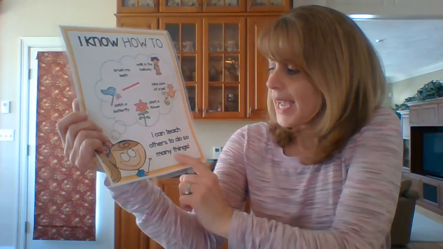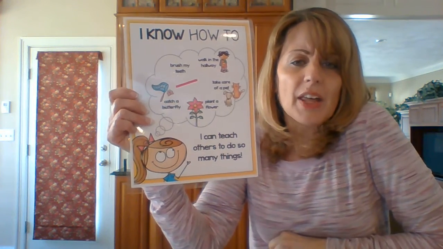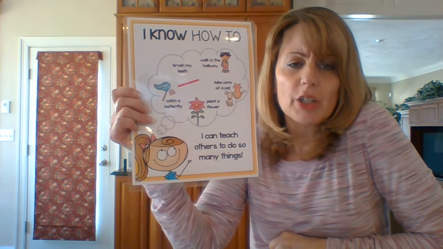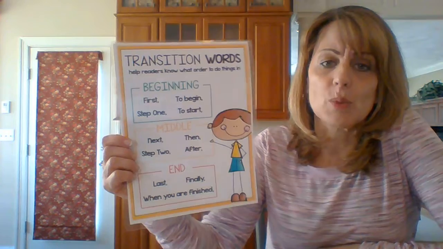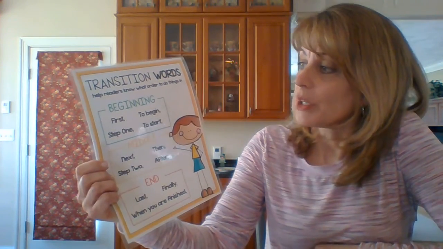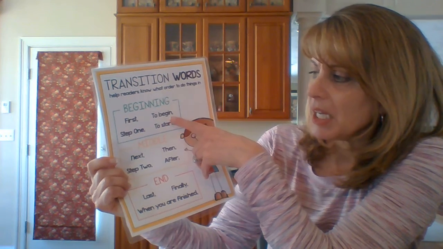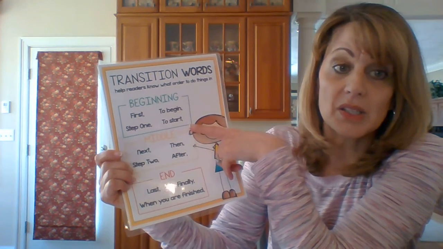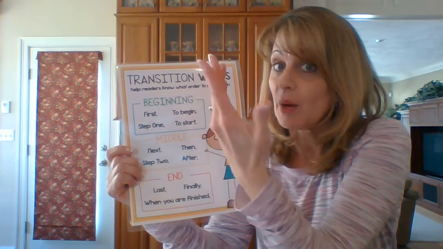So I can teach others to do so many things, and I want you to think of things that you could teach someone. But I need you to have a few steps to do it because we're going to be using transition words. We're going to be using words like first, to begin, step one, to start. If there's only one thing to do, then we don't need that.